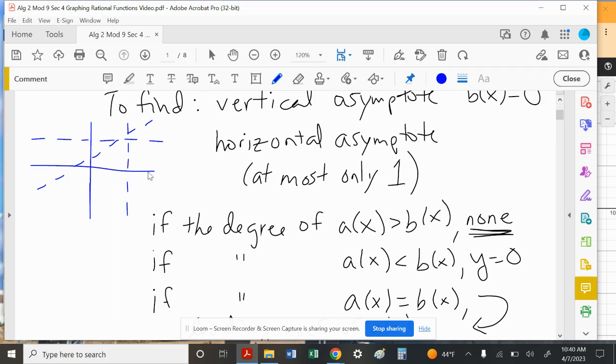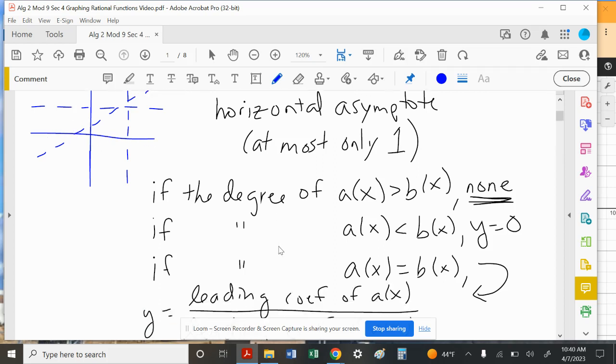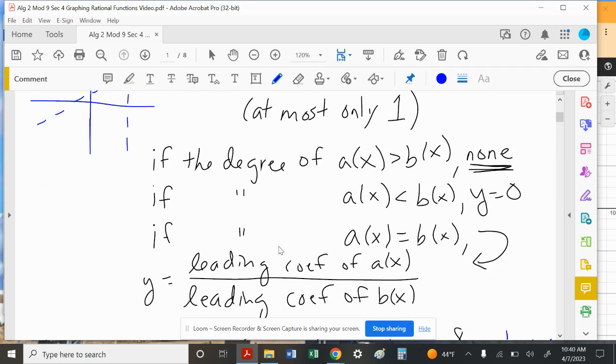This line right here, the x-axis, is y equals 0. If the degrees of both a and b are the same, then we use this equation to figure out what our horizontal asymptote is.